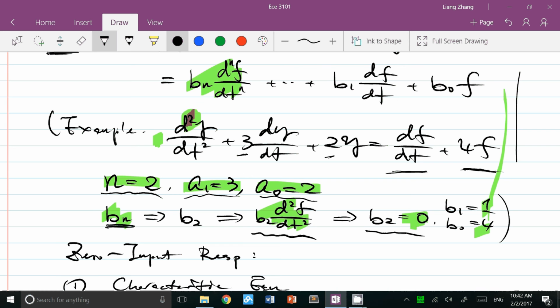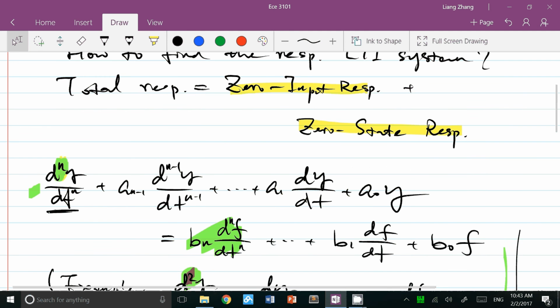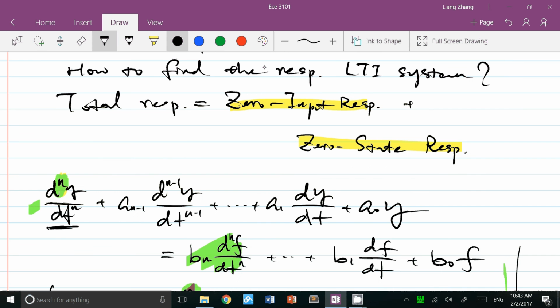Then you can map all the coefficients, those a's and b's, to the actual numbers given in the example. For instance, in this one, a1 equals 3, a0 equals 2. For the b's, the input signal coefficients, it's a little tricky. In the general equation you have this bn d^n f/dt^n term.